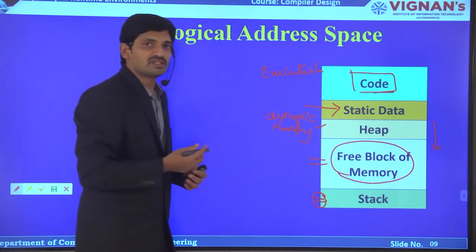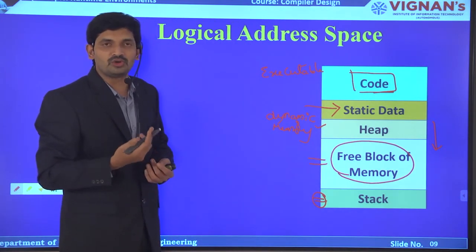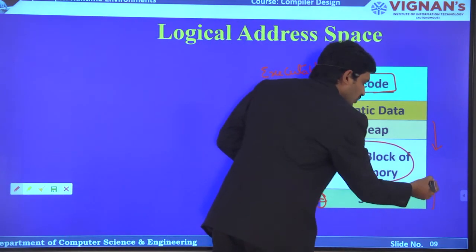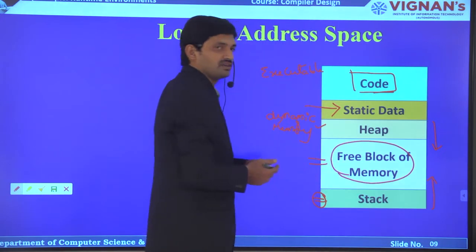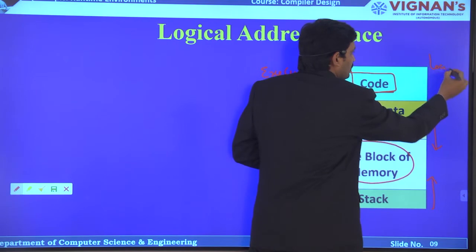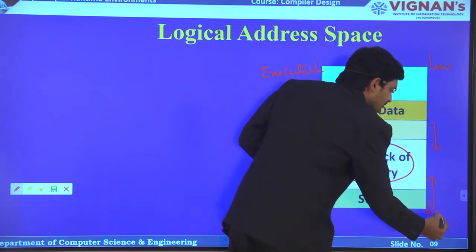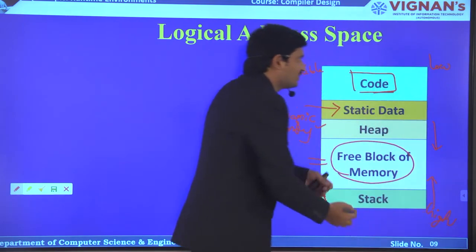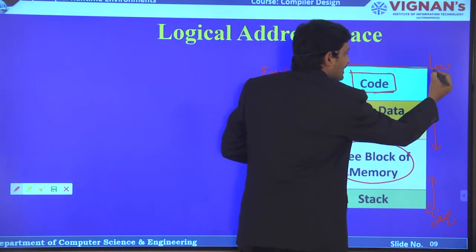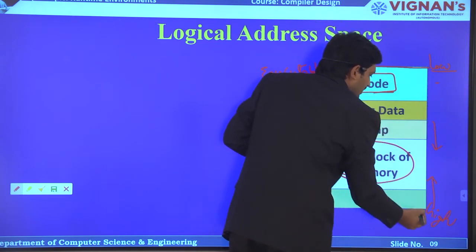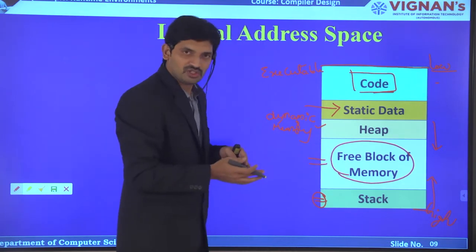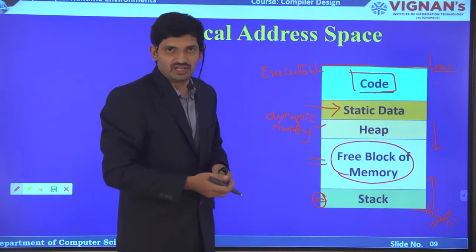But if our program consists of many function or procedure calls and recursions, then the stack data structure is going to be used more, and it is growing in this manner. Say this is the low and this is the high. That means this is the low address location, where the address starts, and this is the highest address location. And this free block of memory is going to shrink as the program is executed.